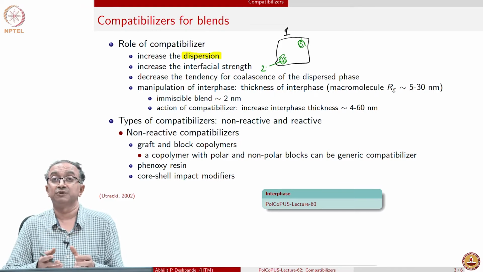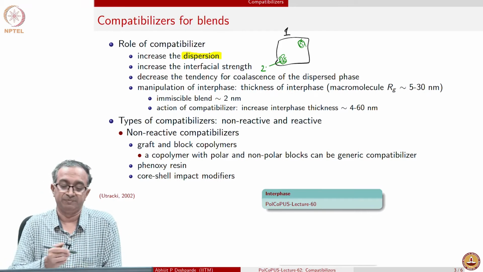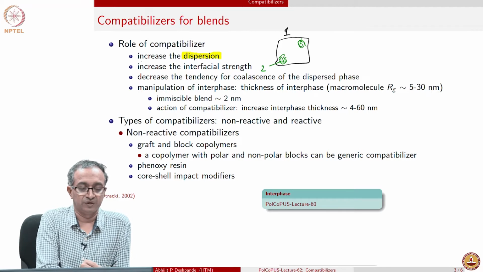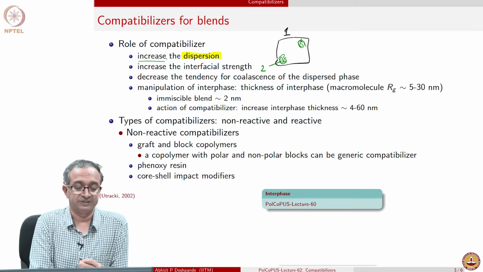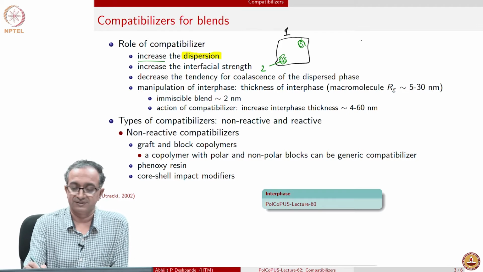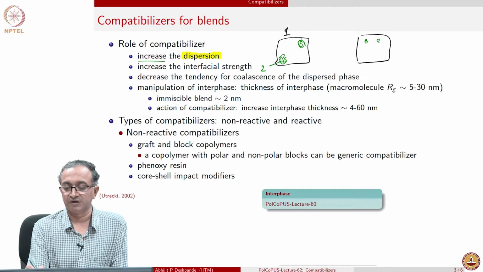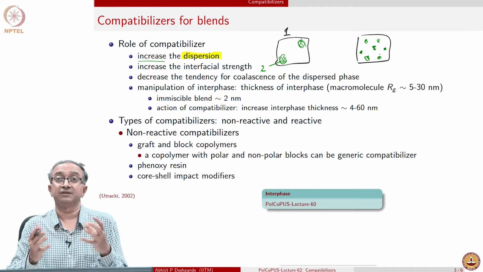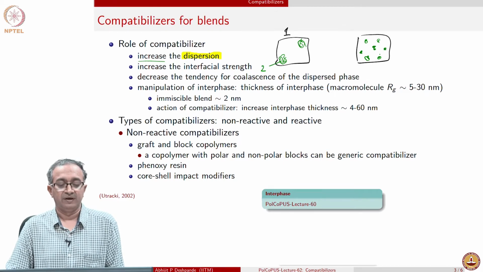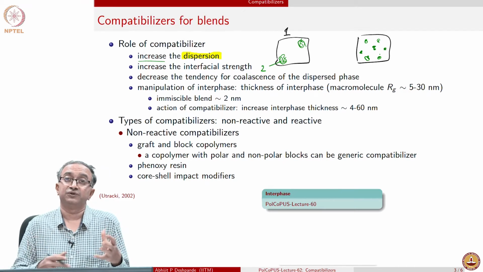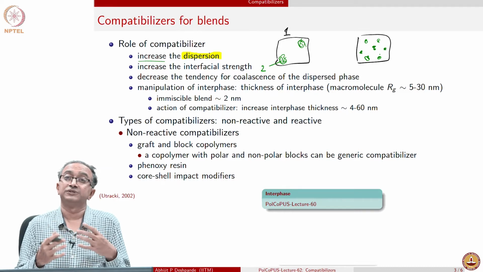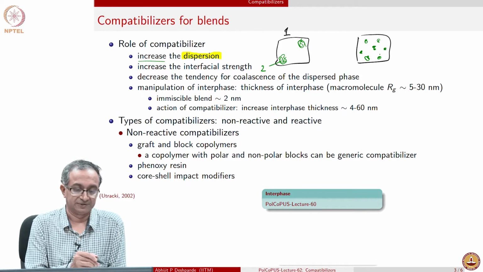Since these are immiscible polymers, they are not going to macromolecularly mix. So, if we do want to increase the dispersion, what we mean is a situation where we have lots of smaller domains of the second macromolecule in the first macromolecule. And so, we increase the dispersion to obtain a good homogenized system where properties may be better.